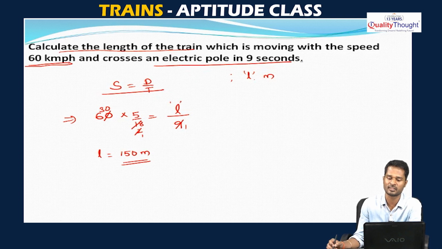To convert this speed into meters per second, multiply it by 5 by 18. So, simplify: 9 ones are 9, 9 twos are 18, 2 ones are 2, 2 30s are 60, 30 into 5 is 150 meters, which is the length of the train.